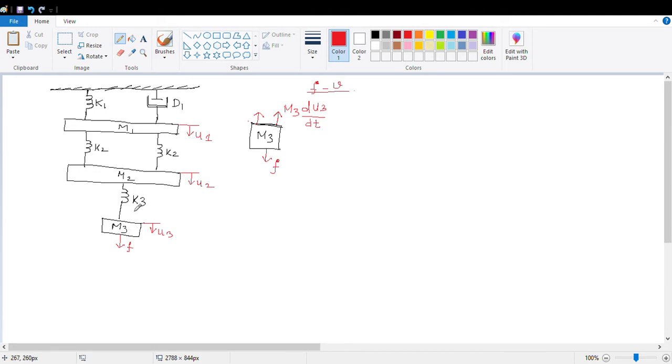Another is K3. So on K3, what is the net displacement? Due to the pulling of mass 3, there is a compression, or a downward movement of this K3 by U3 amount of velocity, and another is U2.